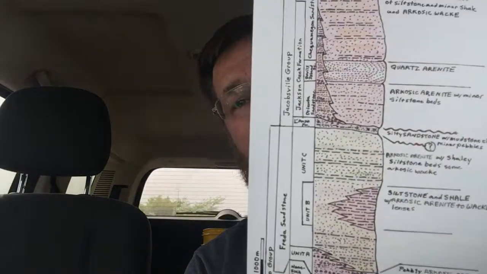Well, below the Jacobsville group, and you notice there's no dates on here because this is a lithostratigraphic column. In lithostratigraphy, we deal with the physical characteristics of the rocks and how they relate to each other in space. We don't care so much about the dates.